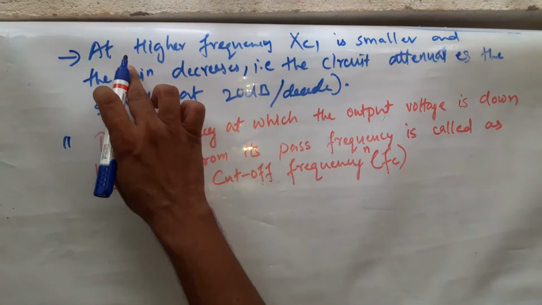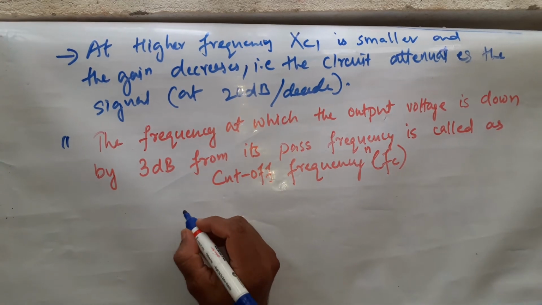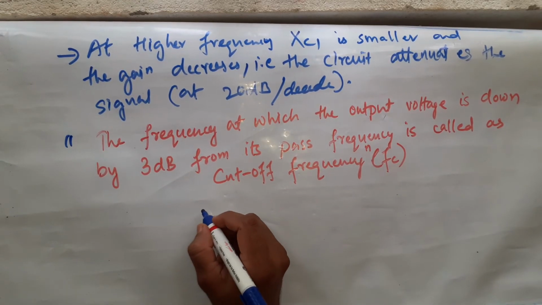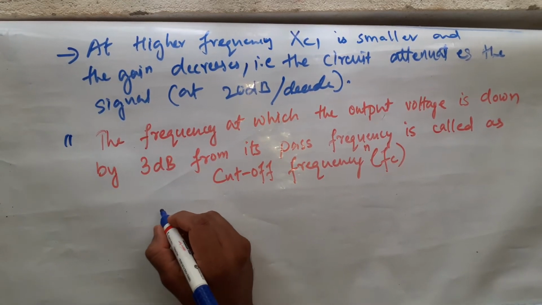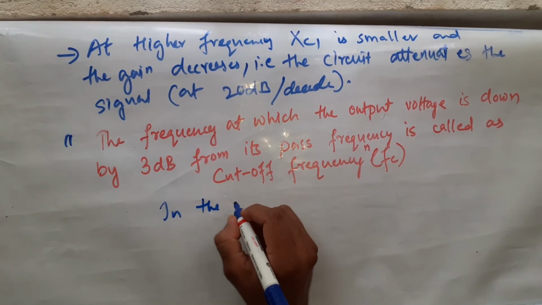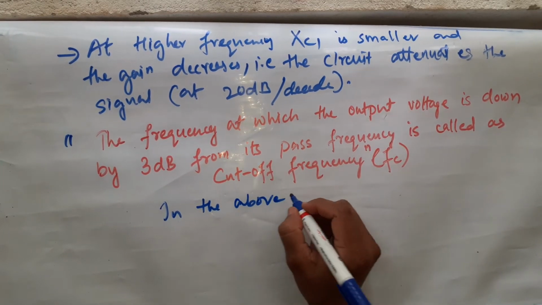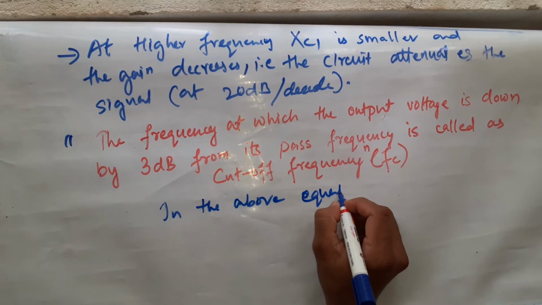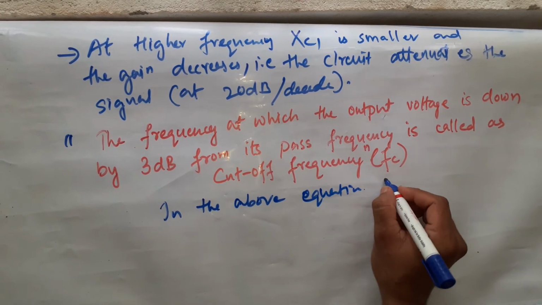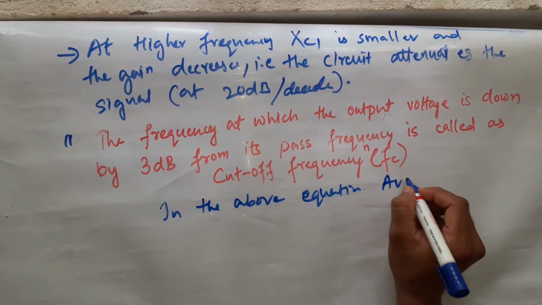So if at higher frequency, when XC1 increases, I can write like this to show you how the fall happens. In the above equation, that is AV.